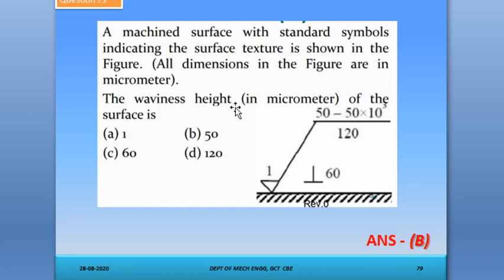The left end of the horizontal line is the waviness height, the right end is the waviness width. This one is cutoff length. The waviness height is 50 millimeter. Option B is the correct answer.